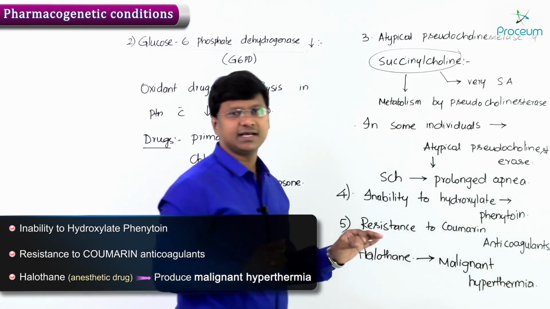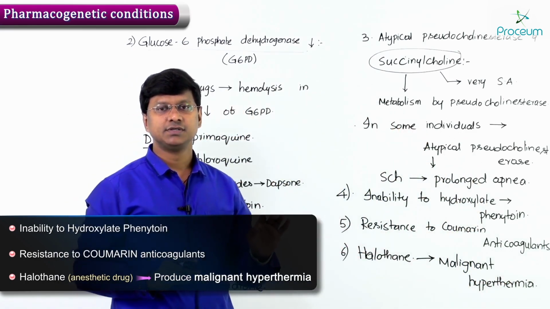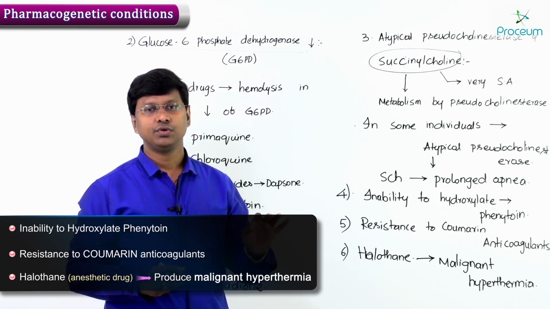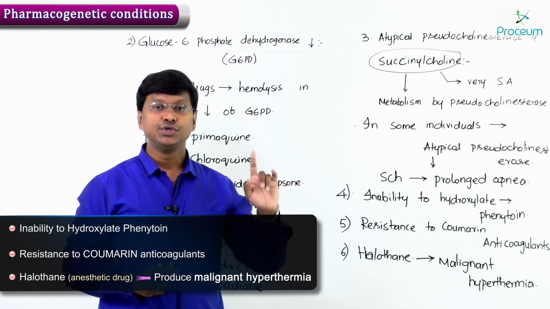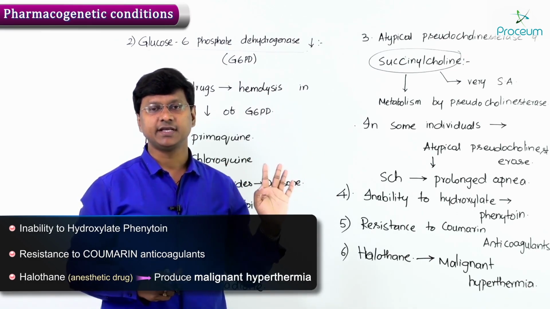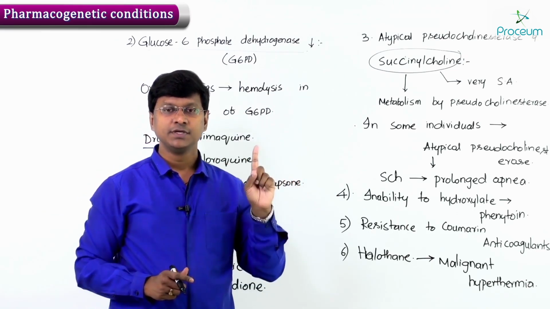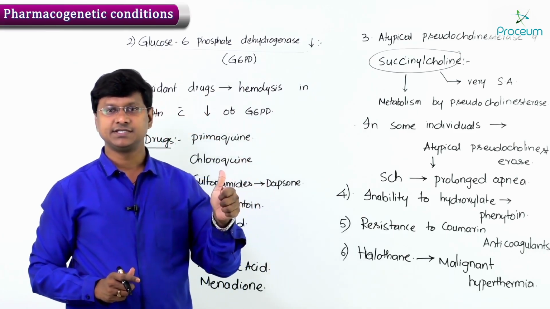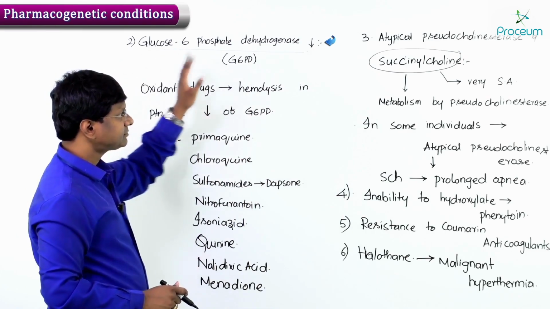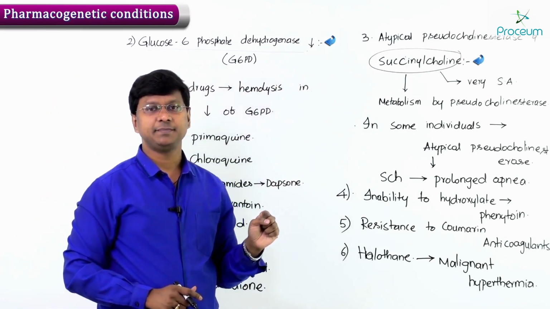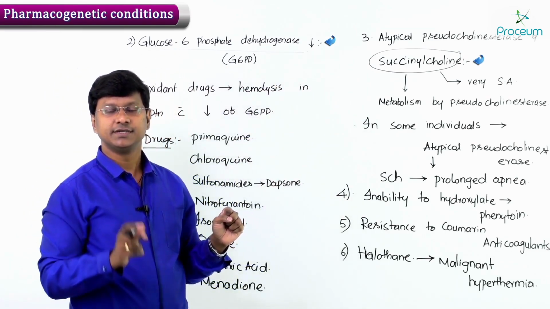So these are some of the examples which show different effects in different groups of individuals due to different genetic polymorphisms. One example is acetylation. The second is G6PD deficiency. Third, presence of atypical pseudocholinesterase and succinylcholine.